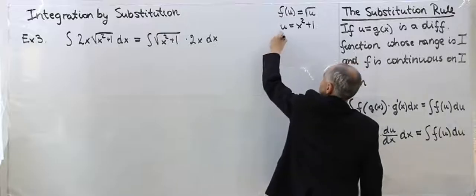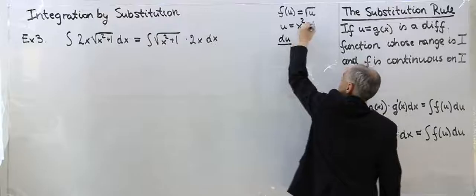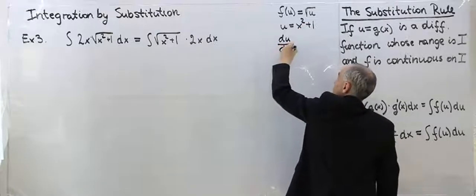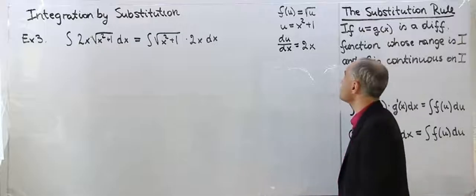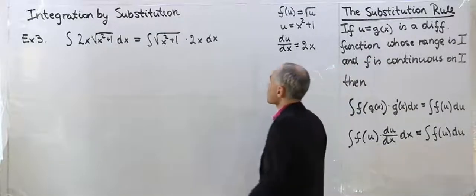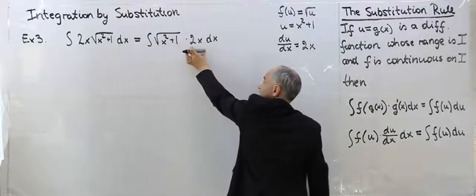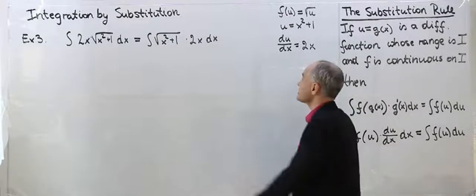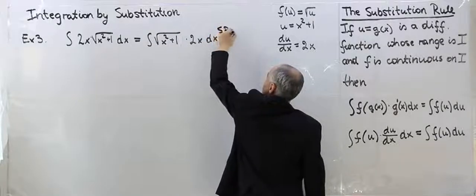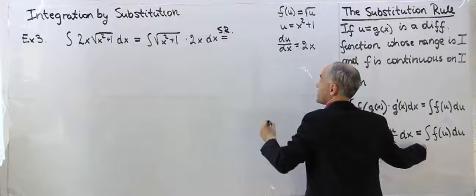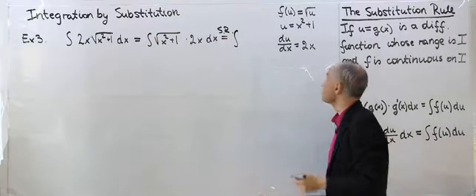So then the derivative of x squared plus 1 is 2x, right? Because the derivative of 1 is 0. So this is f of u. This is du by dx. So by the substitution rule, we get a simpler integral, which is the integral of f of u du.